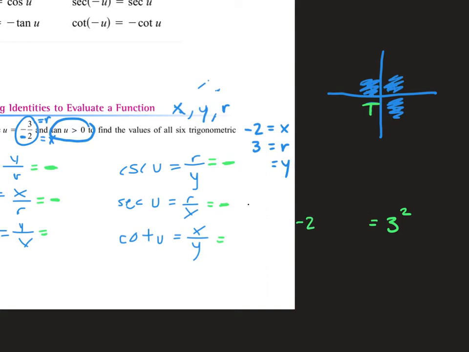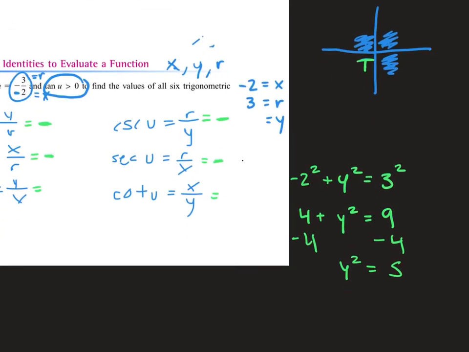And then we have negative 2 squared plus y squared is equal to 3 squared. All right, so negative 2 squared is 4 plus y squared is equal to 9. Subtract 4 on both sides, so y squared is equal to 5.